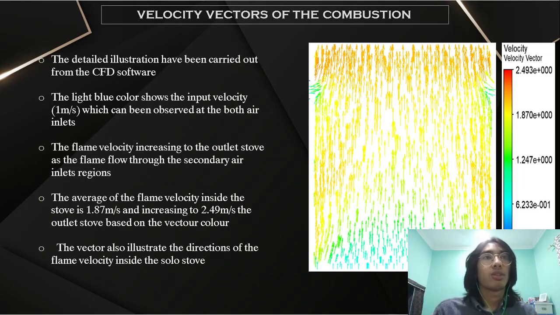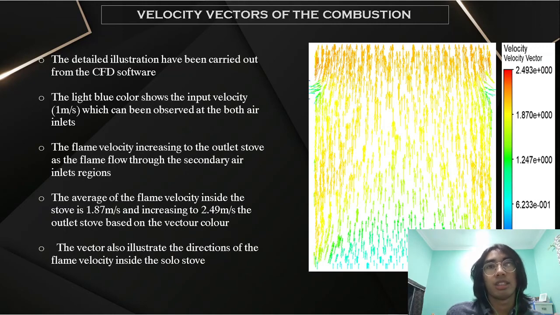The vectors also illustrate the directions of the flame velocity inside the solar stove. The secondary air inlets will go to the outlet of the stove as they push from the flame velocity at the middle of the stove.